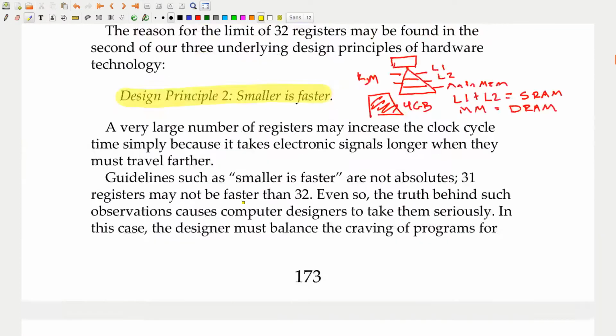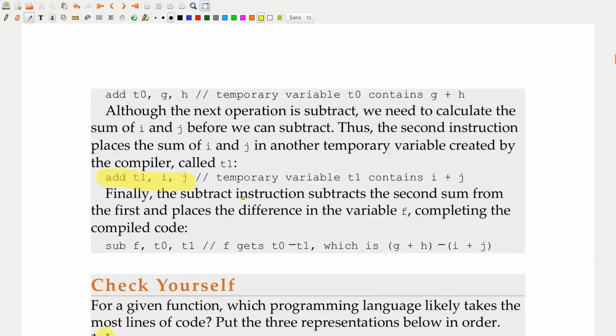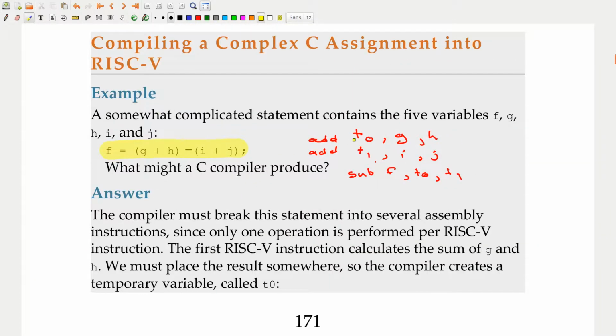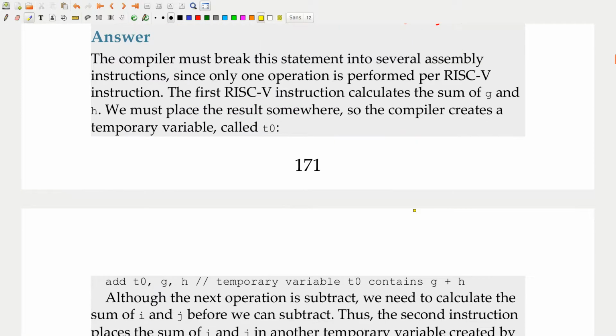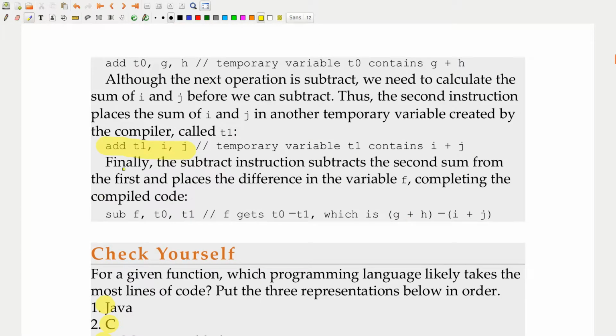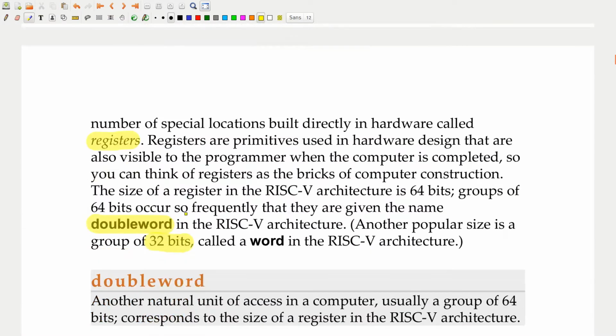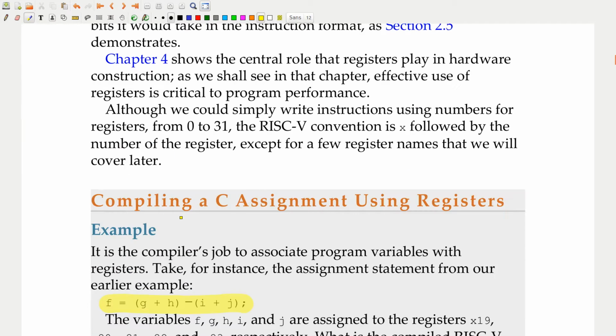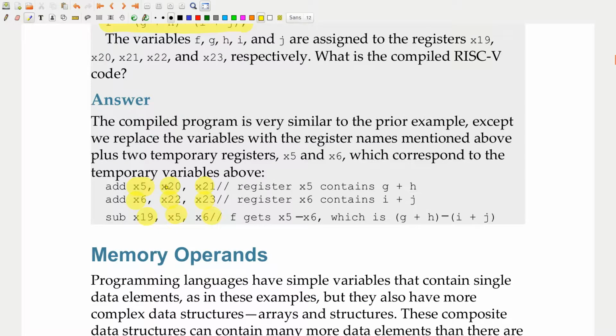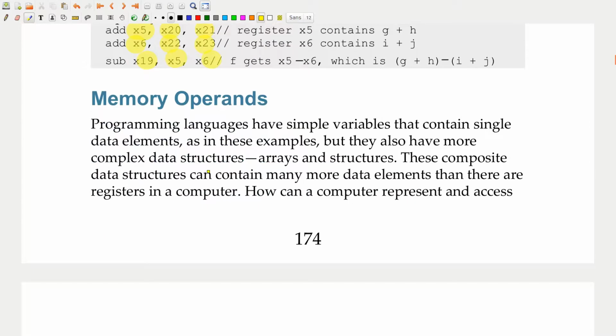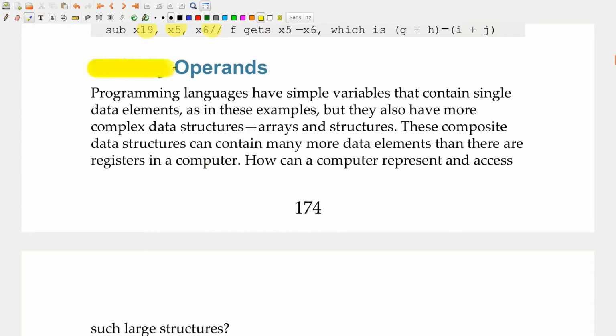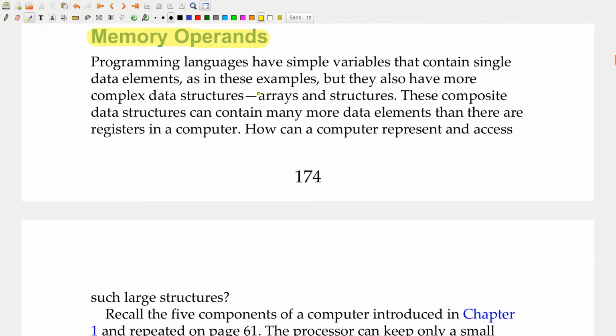In the other example, we used just temporary variable names, but here they're doing the actual register mappings. Same idea, we don't need to spend any time on that.